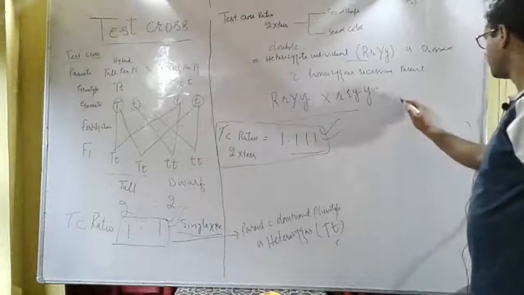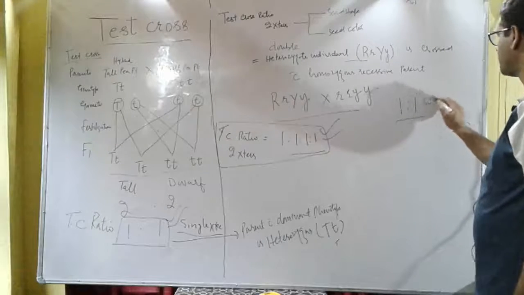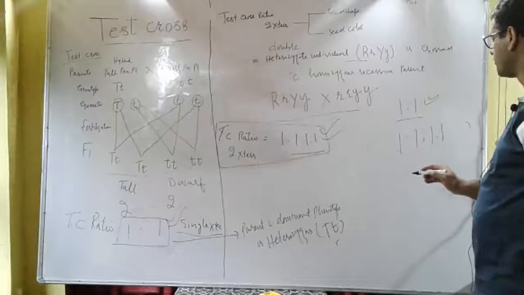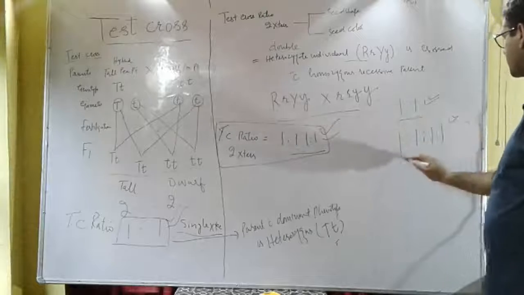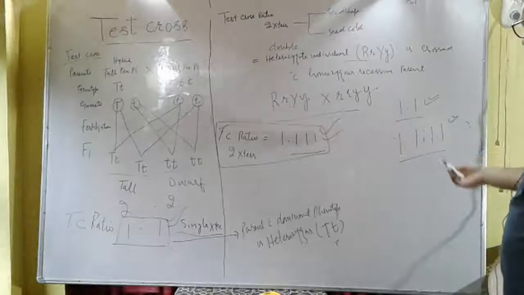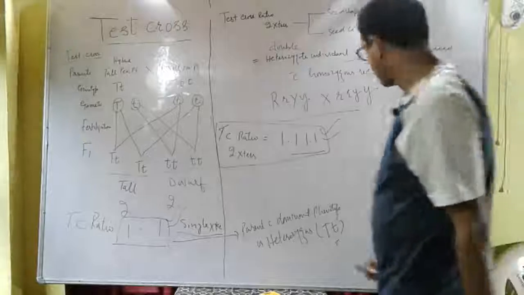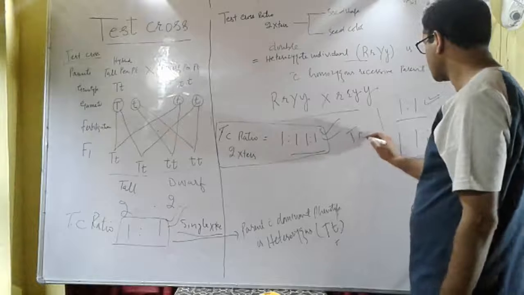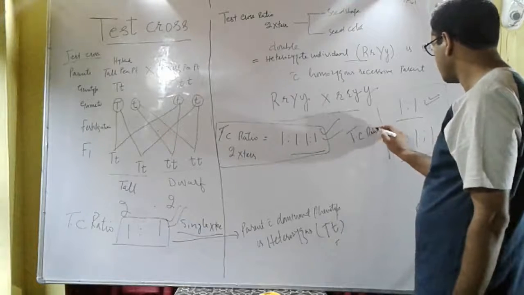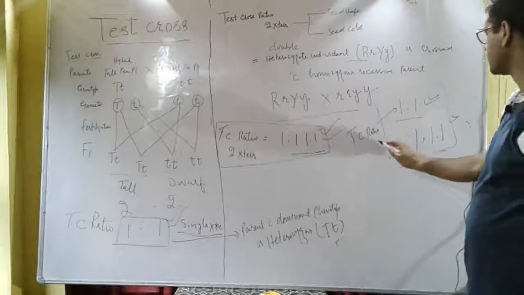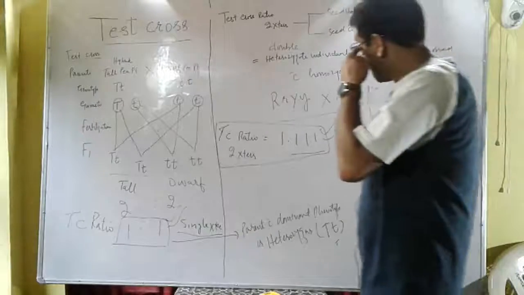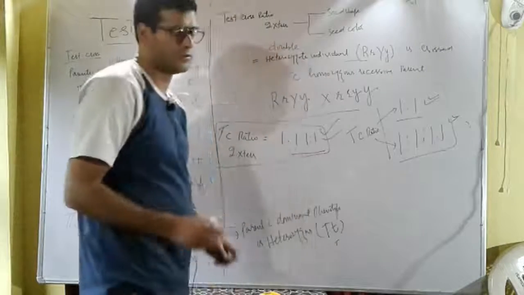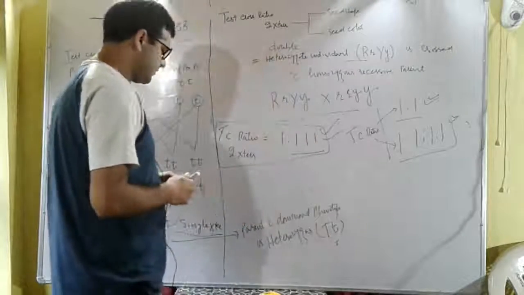So we have got 1:1 test cross ratio for the single character, and 1:1:1:1 test cross ratio for the two characteristics. This is important: the test cross ratio in case of one trait and in case of two traits.